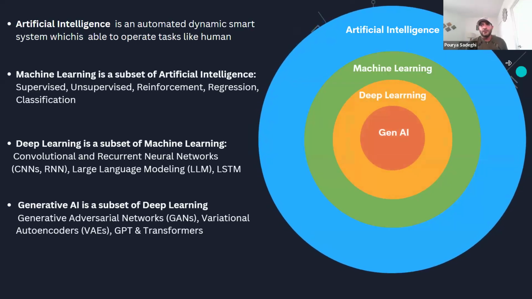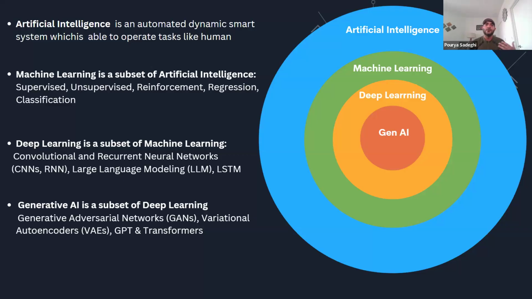So when we talk about artificial intelligence, we can say it's an automated, dynamic, smart system which is able to perform tasks like a human, which we always consider as a general concept, right? And then machine learning is a subset of AI, which you might hear about. In the previous example, you saw all the mathematics and models of AI that Emery and his colleagues talked about, and we almost understand what's going on there in terms of mathematics.